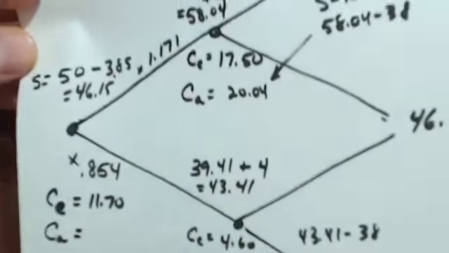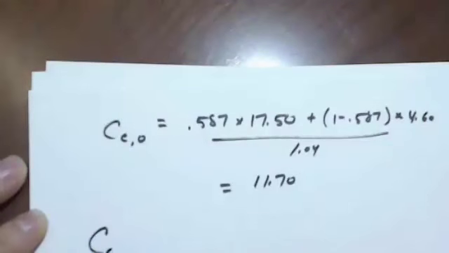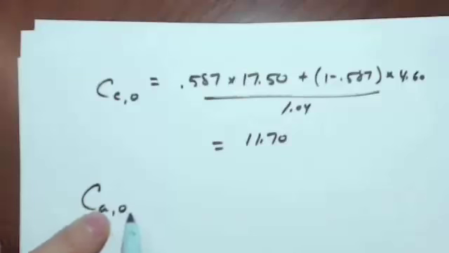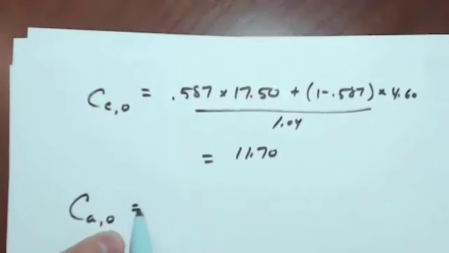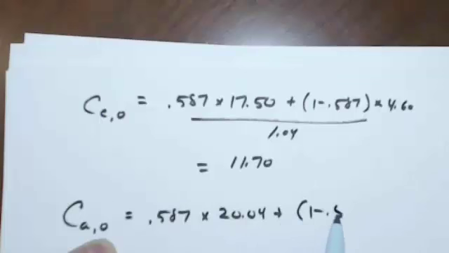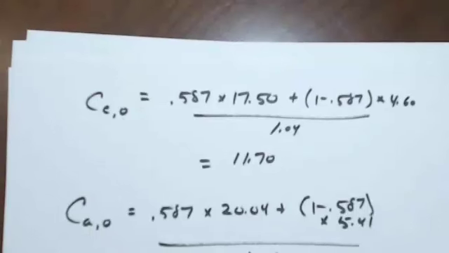Okay, and when I do that, I get C little a 0, meaning an American call at the first node, time 0, and that'll be worth $13.46.